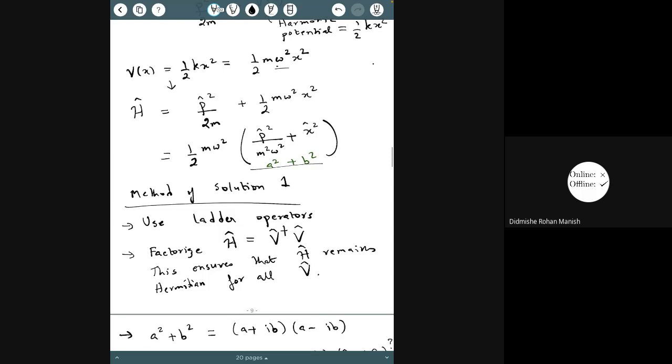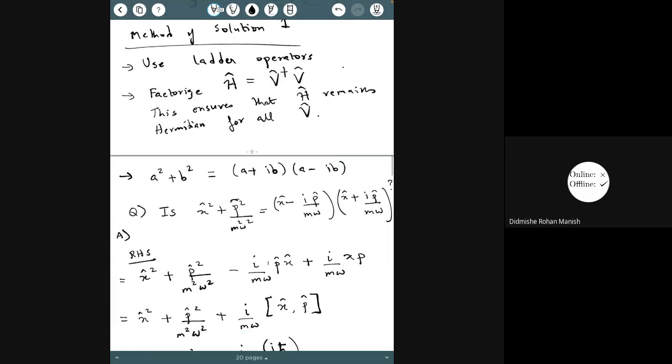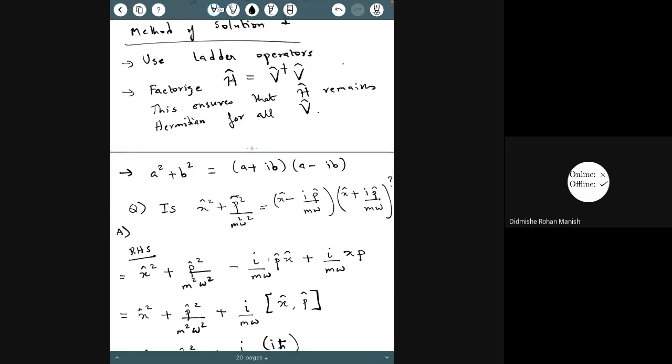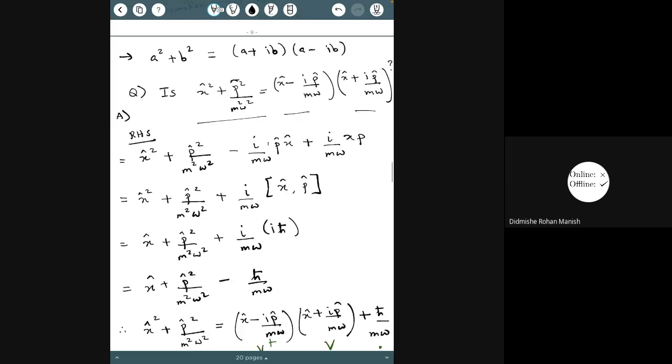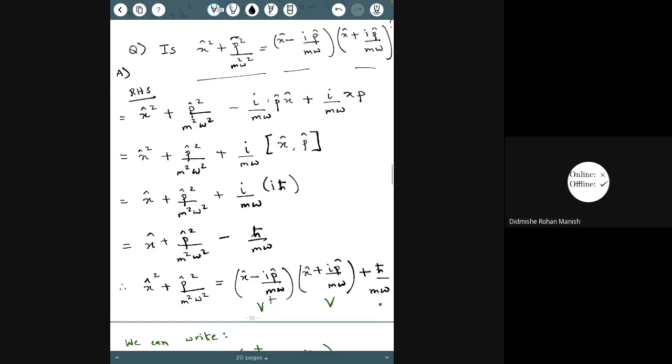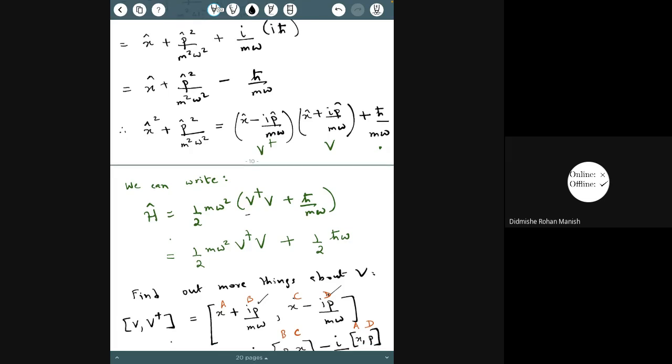But in doing that, because these are operators and not numbers, we generated an extra term, half h cross omega. When we tried to factorize the Hamiltonian into this product, we ended up with an extra term, h cross m omega. This eventually led to an extra term in the energy, which is half h cross omega.